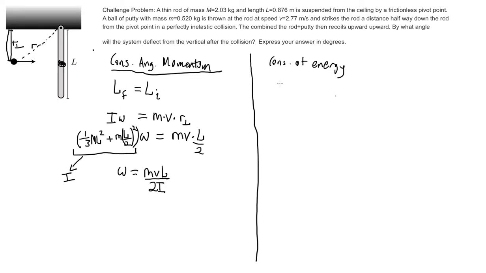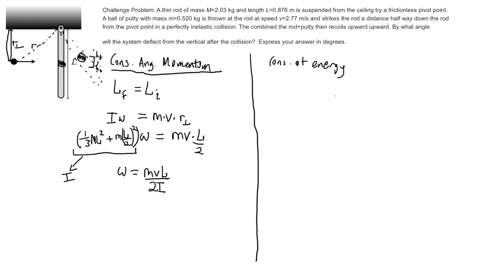Okay, now I come over to the conservation of energy, and there are two parts. There's the after, when it swings up here and comes to rest. It swings up by some height difference, h. I'm going to call that h final at the top, and h initial. I'm marking this from the center of mass of the system because that's where the conservation of energy applies.